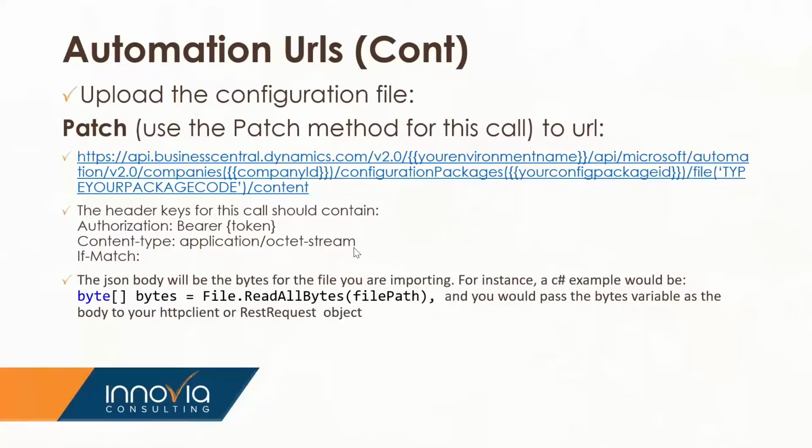All right. So after we insert our new configuration package, we have to upload the file. It's going to be a rapid start file that somebody has downloaded from Business Central.